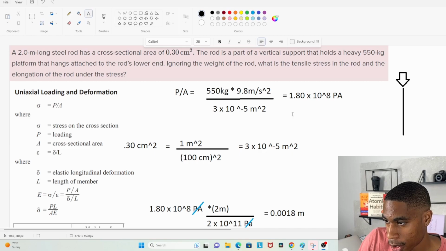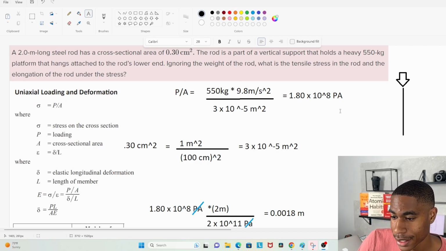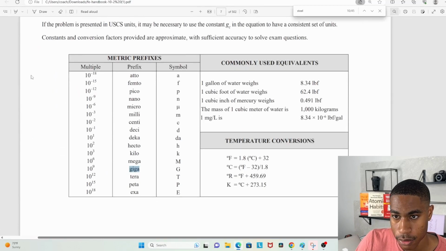We got a small amount of elongation happening because of this 550 kilogram mass that was acting on our rod. We don't want that thing elongating a ton, because that just means that mass is too much for the rod, right? So hopefully this was helpful for you.